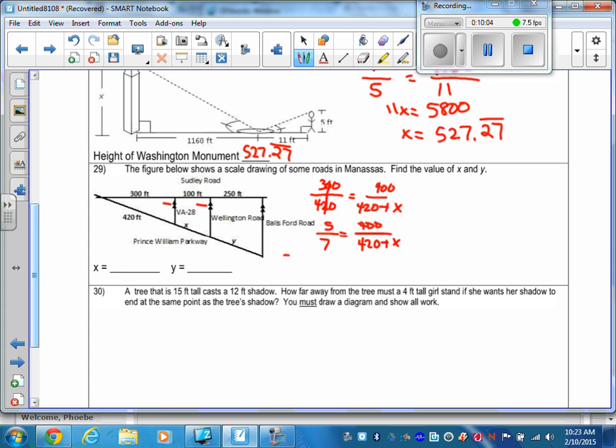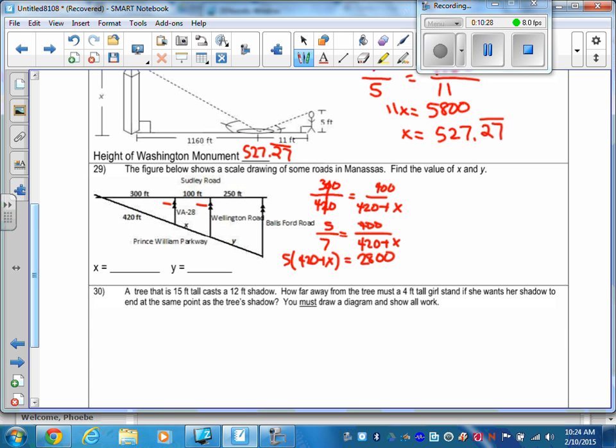And I'm going to do 5 times 420 plus x equals 400 times 7, which is 2,800. I did cross products.